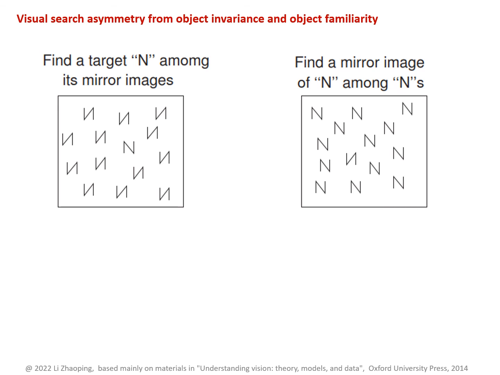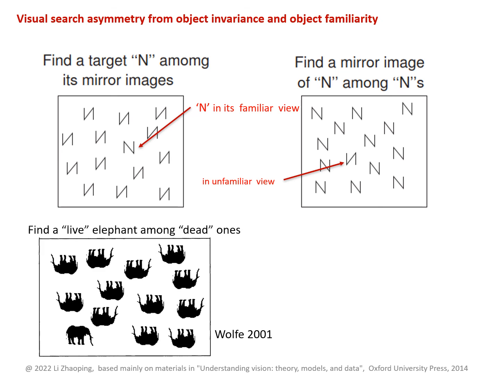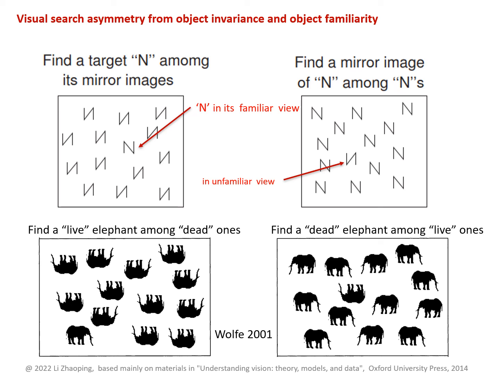Object invariance by a reflection or rotation, and our familiarity with the generic view of an object, such as this letter N viewed from a familiar viewpoint and from an unfamiliar viewpoint, can create a whole class of examples of visual search asymmetry. Here is another example. It's more difficult to find an elephant standing upright among upside-down elephants than to do it the other way around.